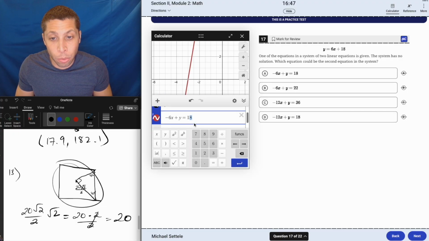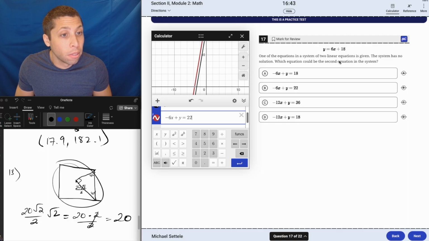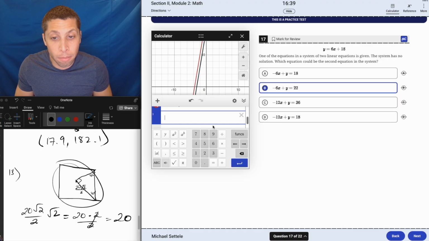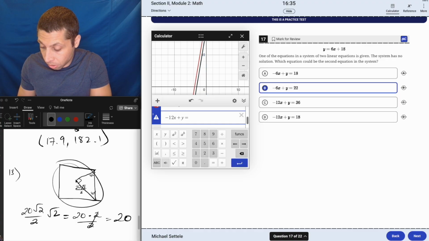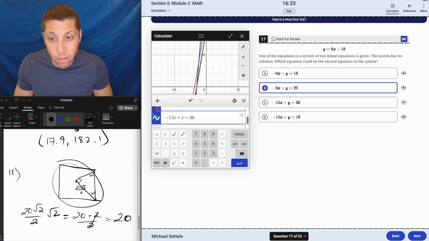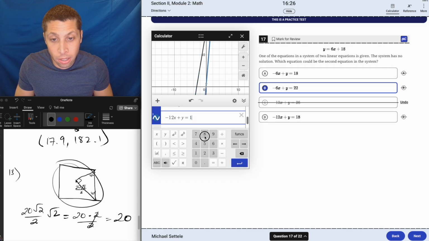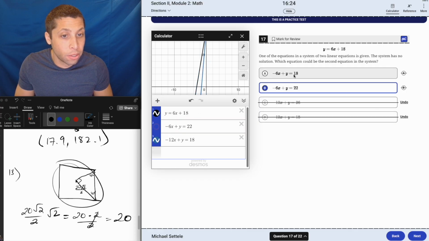What if we change it to 22? That looks parallel. No solution means parallel, so it's probably it. Negative 12x plus y equals 36. Let's turn that off. Yeah, these clearly cross. Negative 12x plus y equals 18. Those clearly cross. So yeah, it's that.